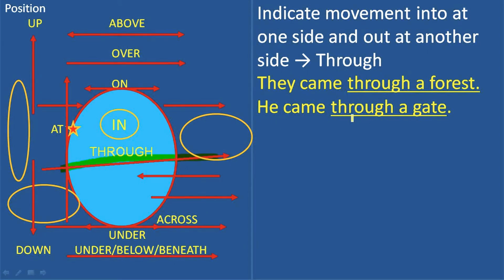One thing you should remember: when you use through, it must have a structure. Let's think about this example. We came through a gate. When we go through a gate, that time we are in a structure. Okay. If we find any structure or within something, and we go in from one side and out of another side, that time we will use through.